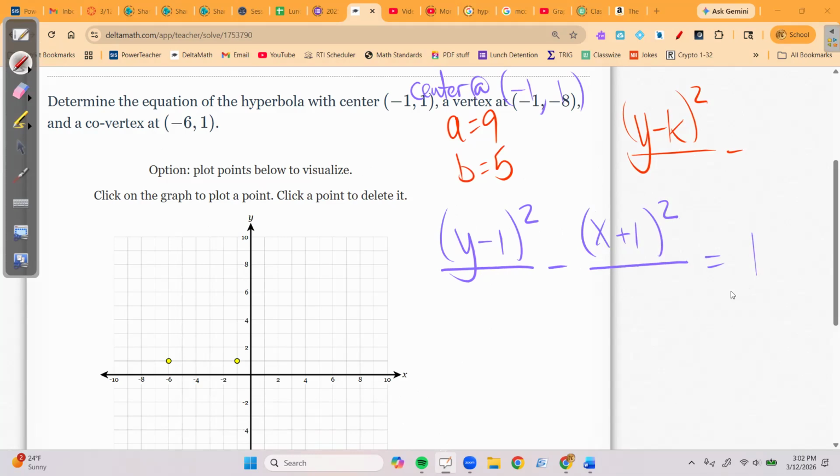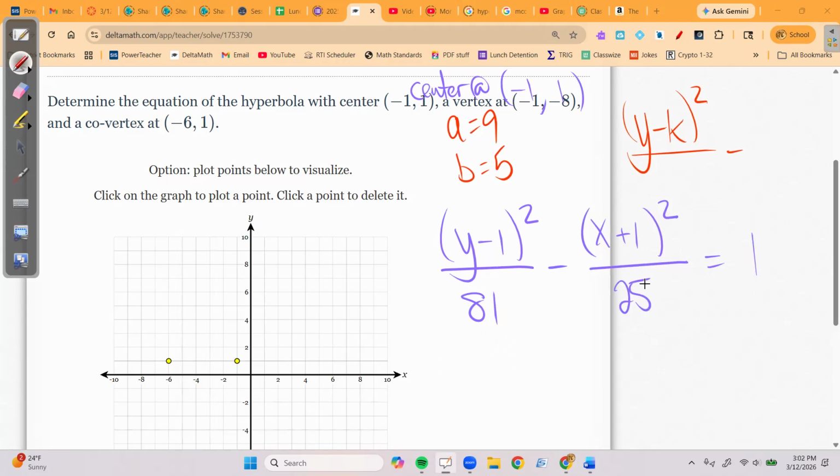And then you have to remember that A and B do not switch places, right? You got that maybe from me, but mostly from that video: it's the y and the x that switch places with hyperbolas, not the A and the B. So A squared always goes first. So 81 goes here. It has nothing to do with which one is bigger, doesn't matter. And then the 25 goes here. And then we're done.